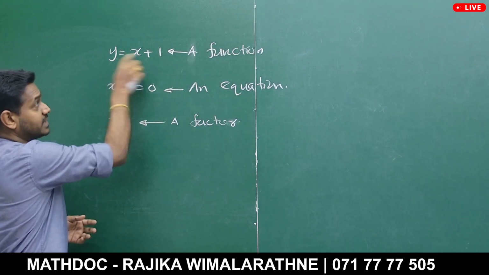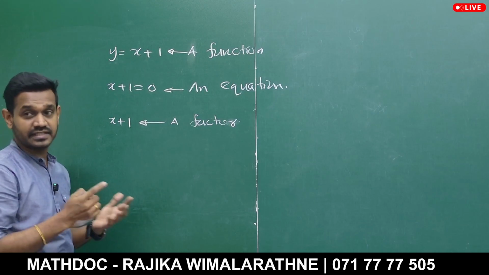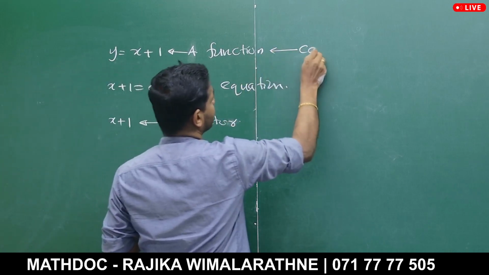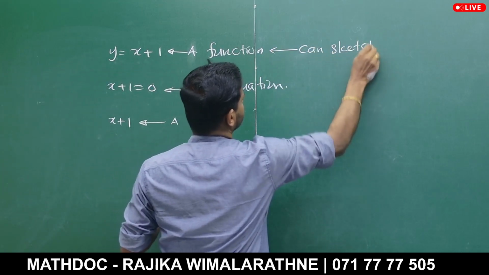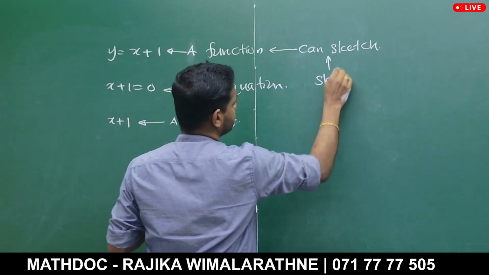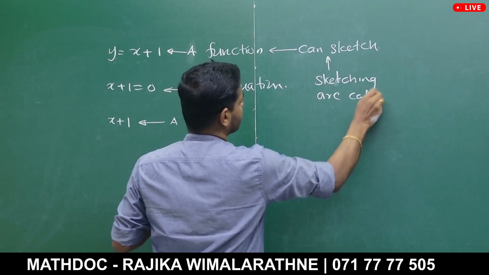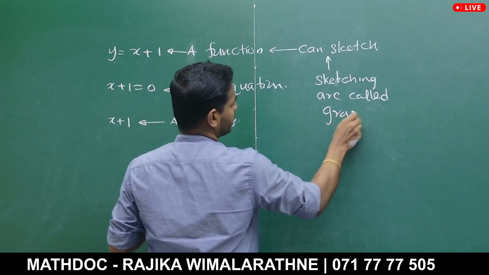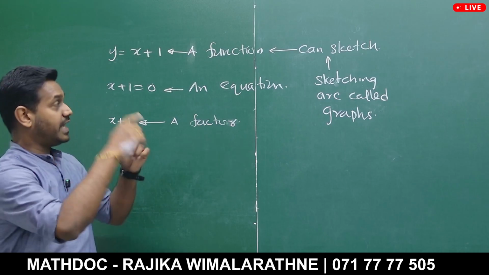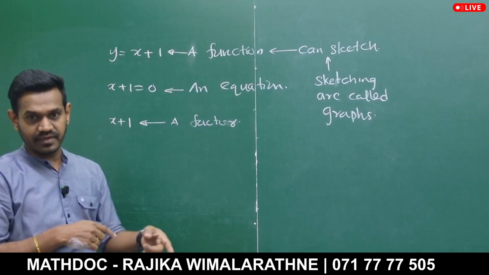So a function has an interconnection between x and y, no? Since there is an interconnection between x and y, we can sketch it. Those sketches are called graphs. x varies, y varies: x is the independent variable, y is the dependent variable.